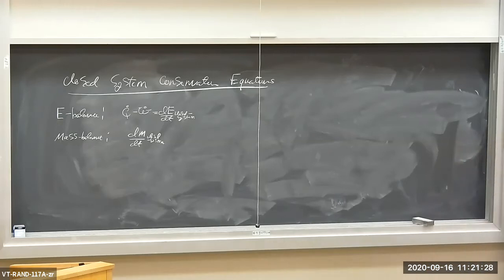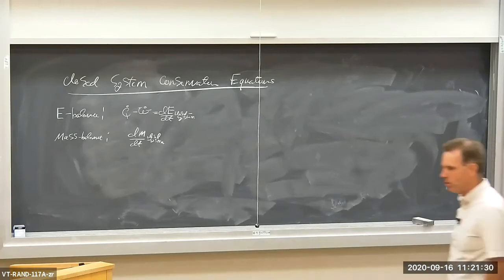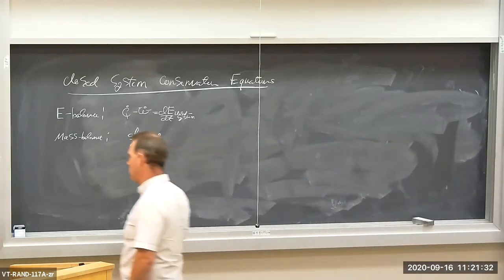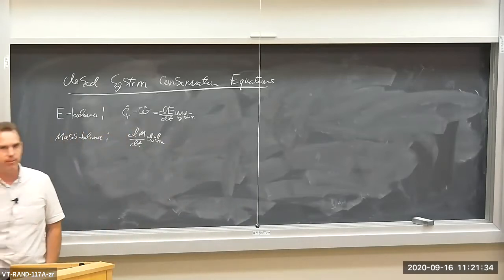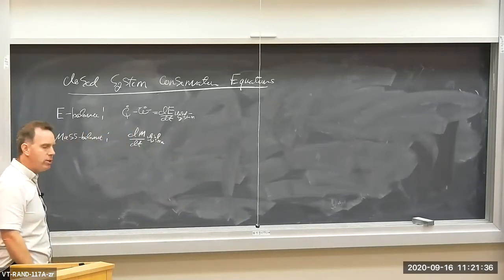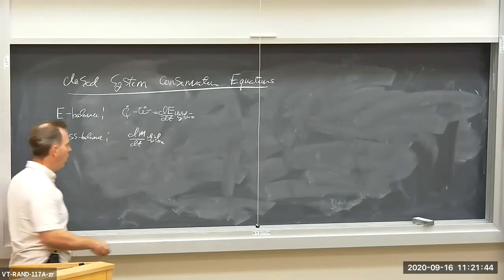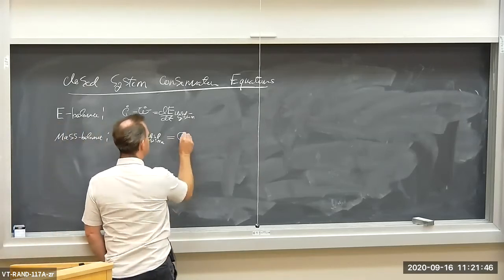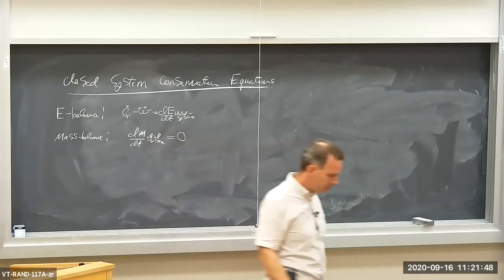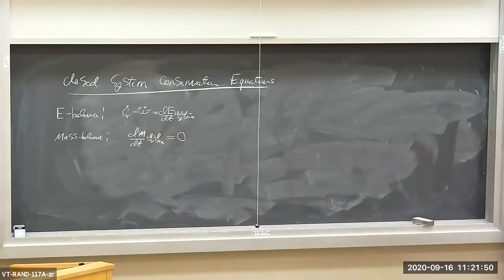Remember, a closed system contains a fixed, constant quantity of mass. So what's the time rate of change for the mass of a closed system with constant fixed mass? Well, it's equal to 0. Okay, it's equal to 0. All right, so those are our energy and our mass balances for a closed system.